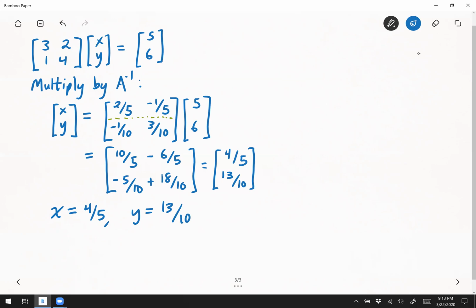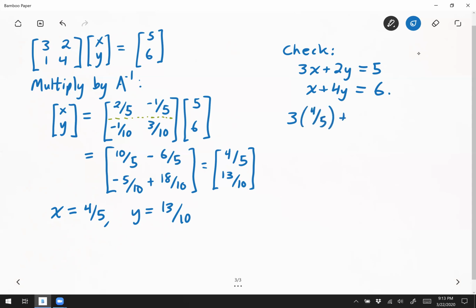So we should go ahead and check that. We're going to check the solution by plugging it into the system. Remember the original system of equations was 3x plus 2y equals 5, and x plus 4y equals 6. So let's try that out. We've got 3 times 4/5 plus 2 times 13/10.